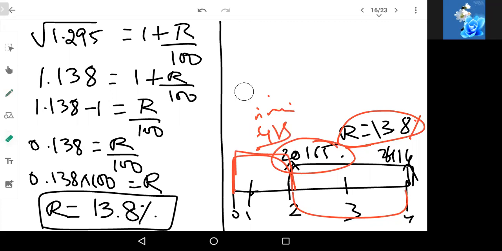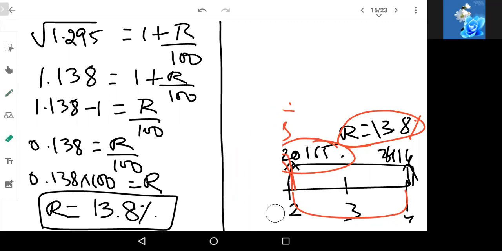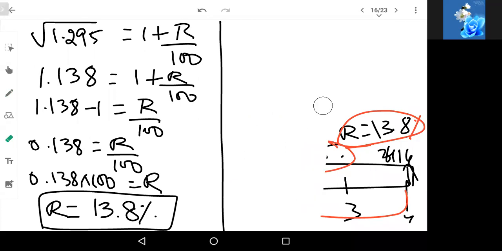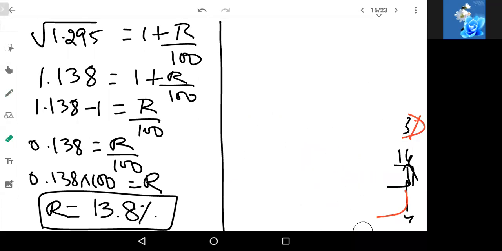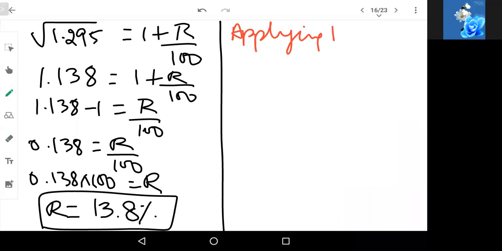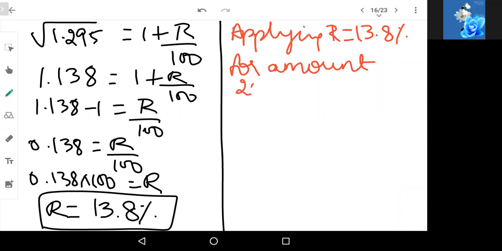So let us solve for the first 2 years now and find the principal. Applying R is equal to 13.8% for amount 20,165 in 2 years.